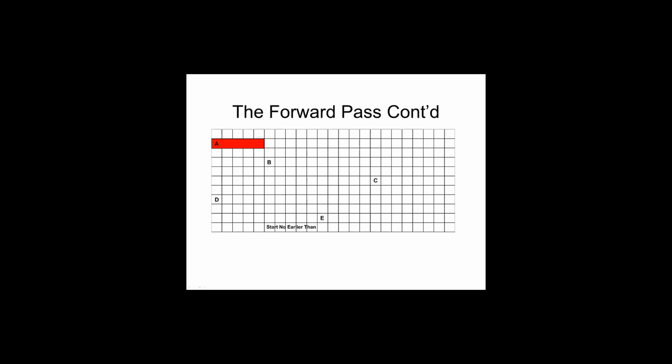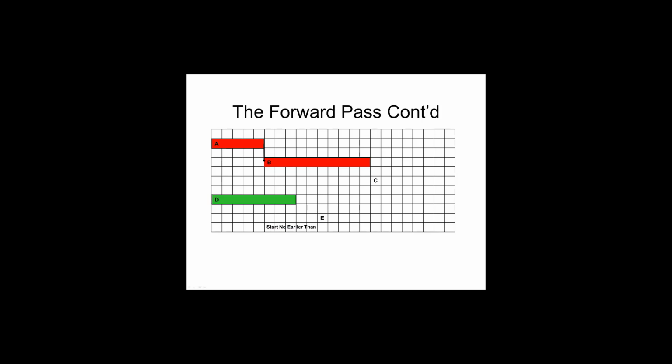We have this very simple network of 5 activities. Activity A slides as far to the left as it can, since it has no predecessors. Activity B slides as far to the left as it can until it bumps into its predecessor.